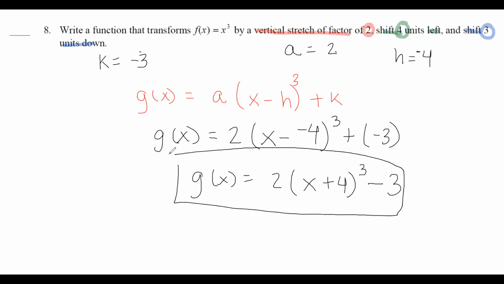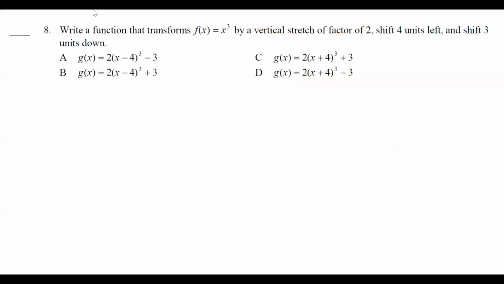Woohoo! Make sure that whenever you find your solution, some of you do the work correctly, but select the wrong one. I hate when that happens. It breaks my heart. So carefully go through your possible solutions and select the correct one, guys. I mean, which one is it, guys?